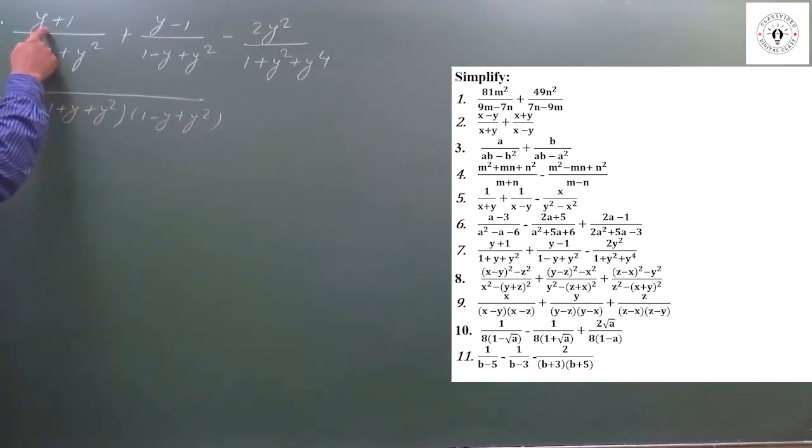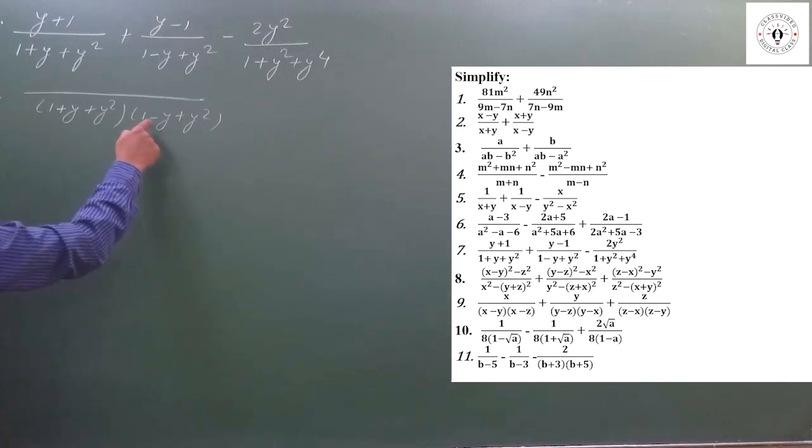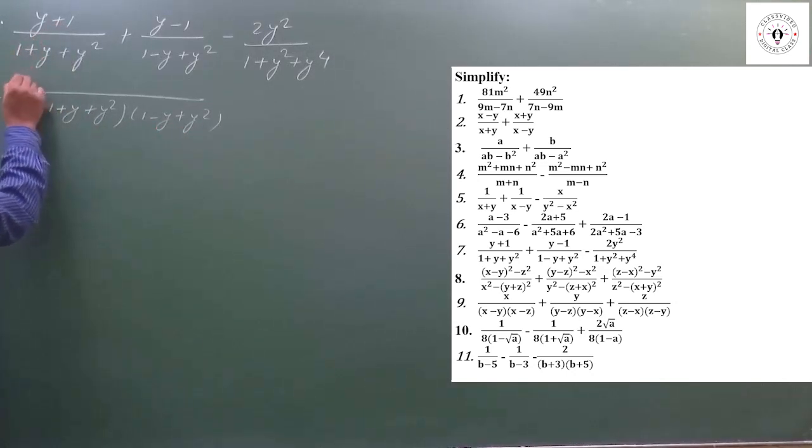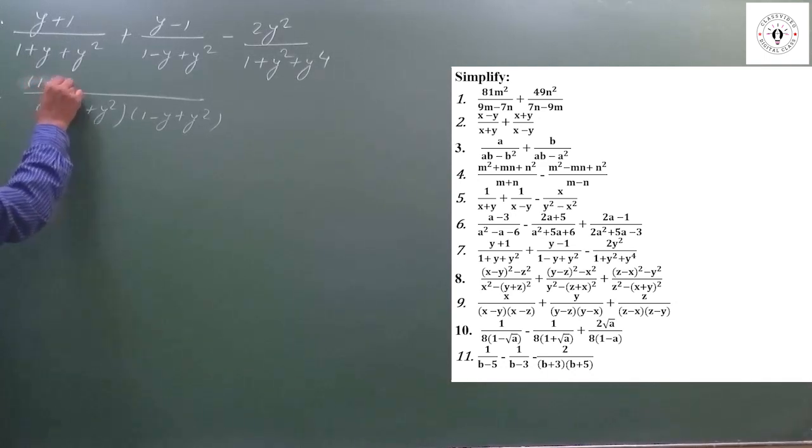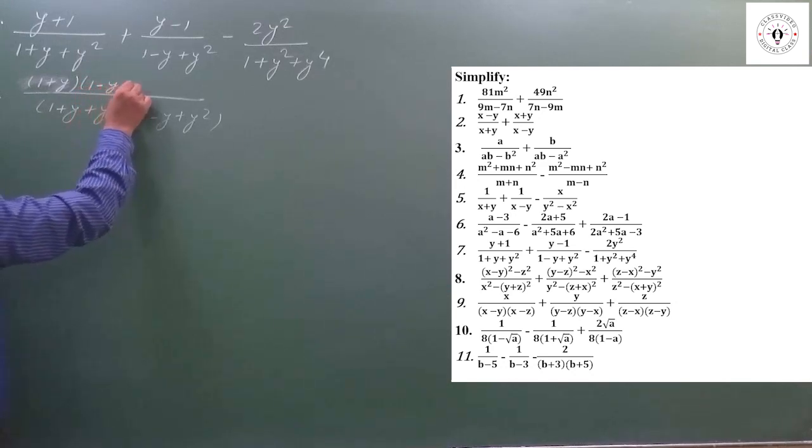So, this y + 1 should be multiplied by (1 − y + y²). I am arranging it. y + 1 can be written as 1 + y, into (1 − y + y²).